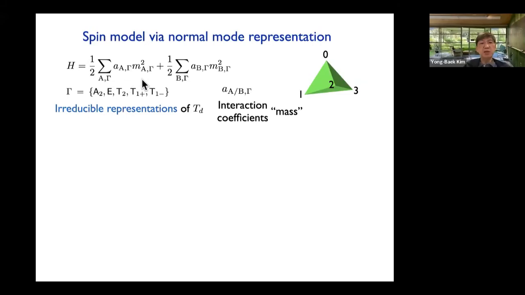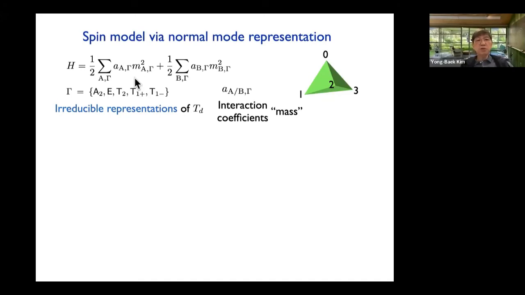And we can classify these normal modes using the irreducible representations of the tetrahedral group. So there are 5 irreducible representations. I just want to remind you that A means there is only 1 mode, E means there are 2 degenerate modes, T means there are triply degenerate modes. So there are 1, 2, 3, 3, 3 normal modes for each tetrahedron.